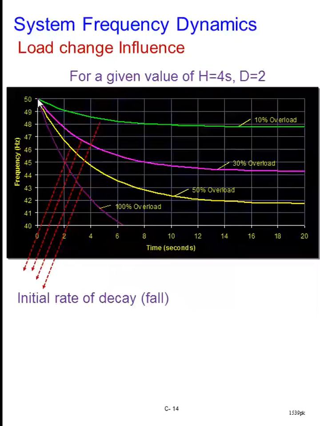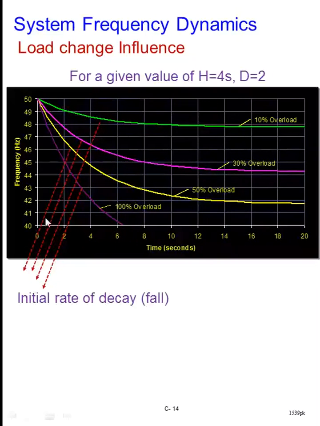At another instant, you have a sudden increase in the load to 2000 megawatt. This is 100% overloading. Then you can see that the decay in the frequency is much sharper, and the frequency drops to 40 hertz in about 6 seconds.